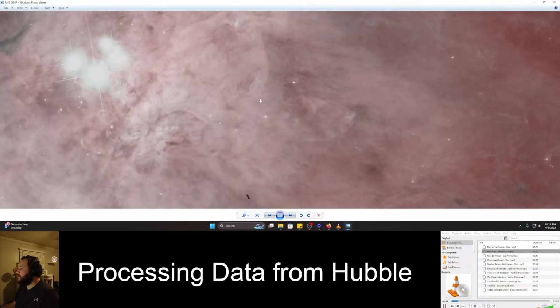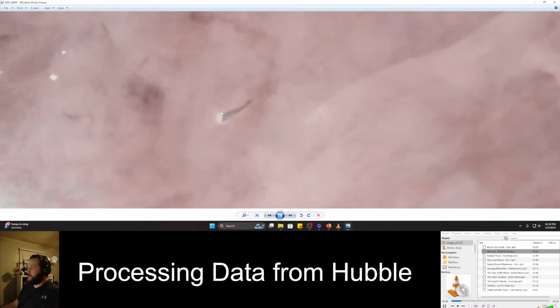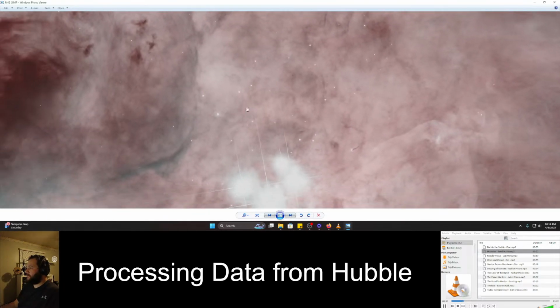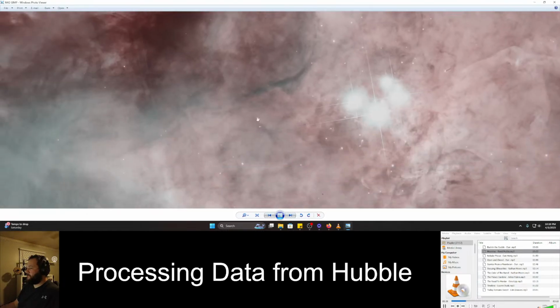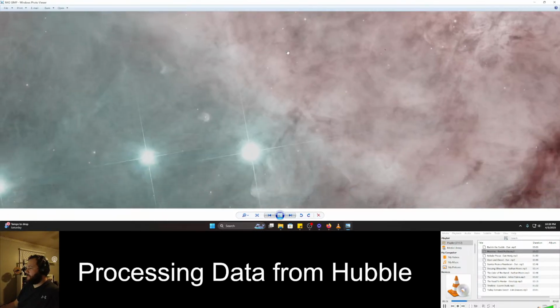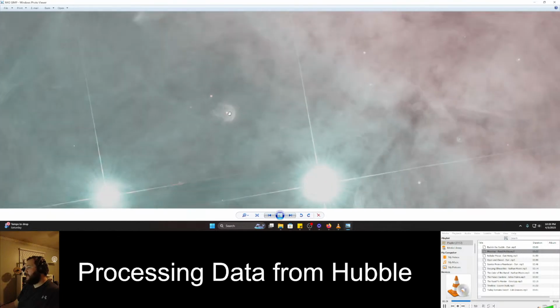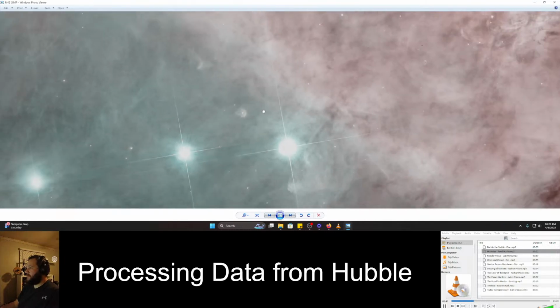Let's see what other kinds of interesting things we could see. So obviously there's another kind of, you know, tadpole looking thing. Right here. See this right here? That bow shock? That is a star that was just born and is now pushing away material.